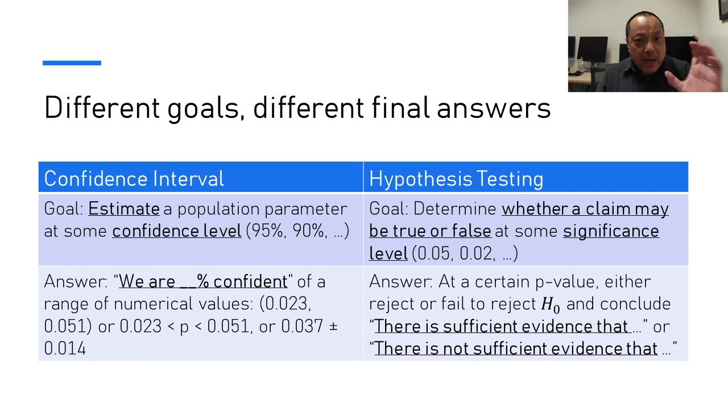The goal of hypothesis testing, or HT, is different. Its goal is to test some hypothesis to determine whether a claim may be true or false at some significance level. The answer to that is usually compute a p-value and either reject or fail to reject H naught, the null hypothesis, and conclude either there is sufficient evidence to conclude that or there is not sufficient evidence to conclude that, blah, blah, blah.